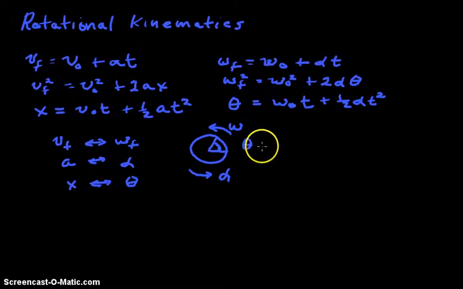So usually you want to work in radians, so that's a radian. The units of omega are radians per second, and the units of the angular acceleration are radians per second squared.